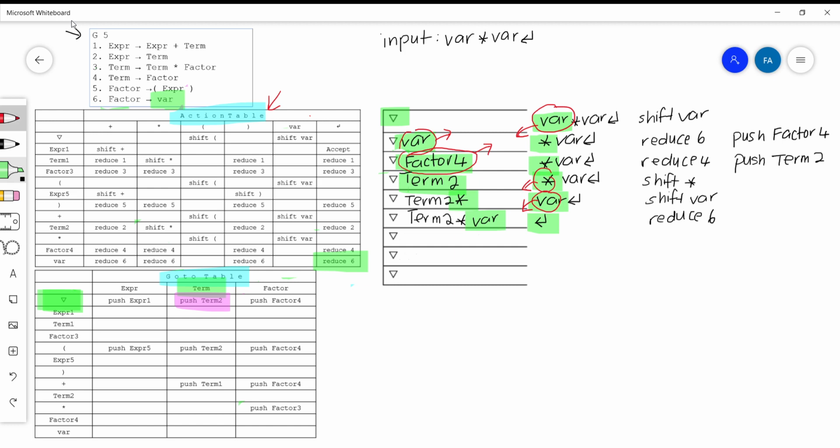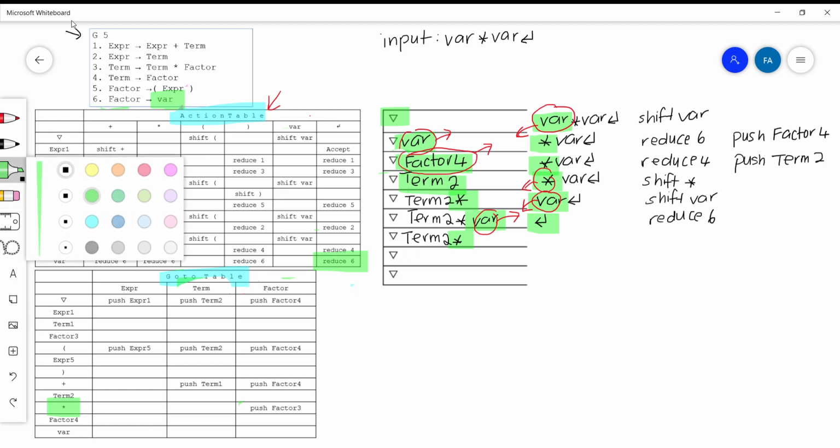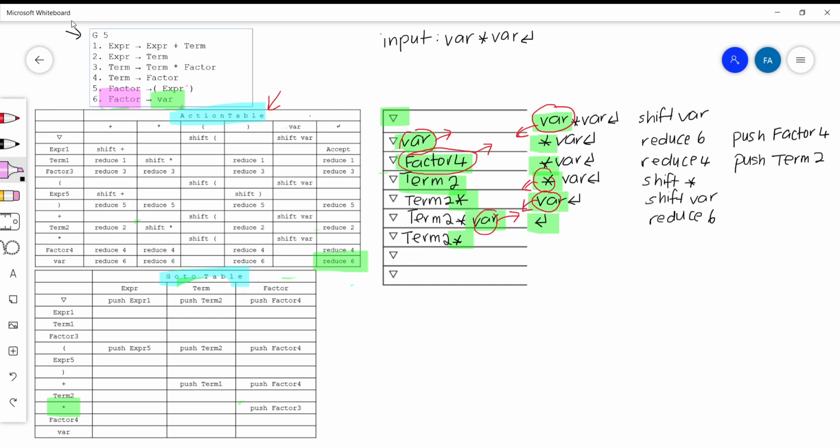What this means is we need to remove var from on top of our stack. So now we will have term 2 times, and then we need to read our goto table. To read our goto table, we will read the symbol on top of our stack, which is star here, and the symbol on the left side of rule 6, which is factor.